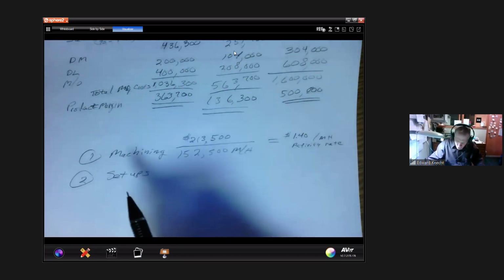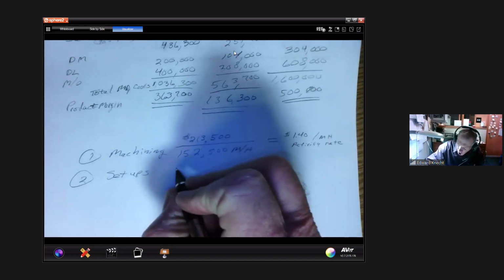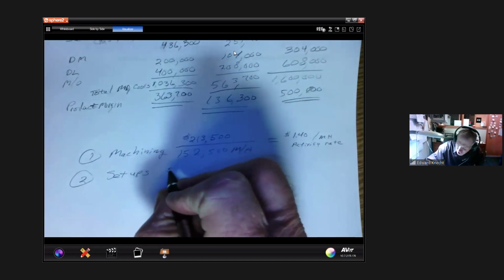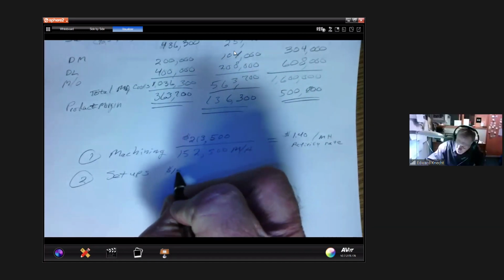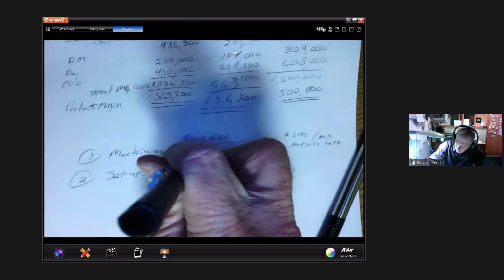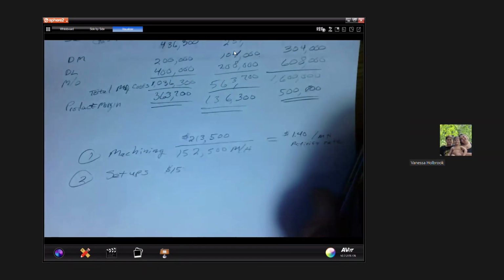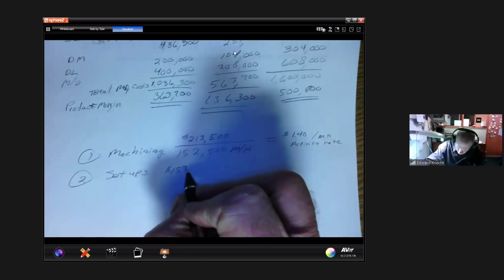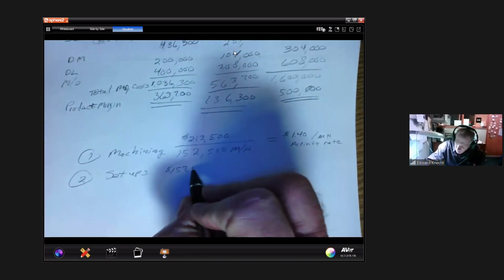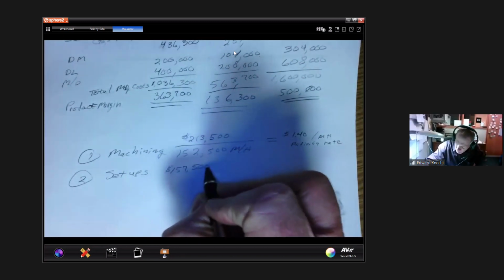Now it just so happens the cost of setup is 157,500. See, I said it right, but I wrote it wrong. That's what happens when you get older. Your mind's thinking something and your hands are doing something else. You've got to coordinate them together.